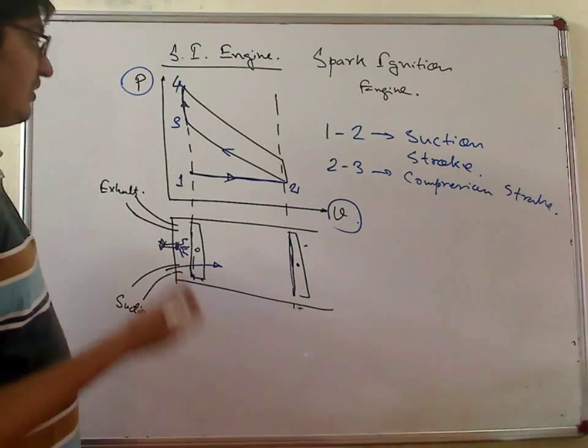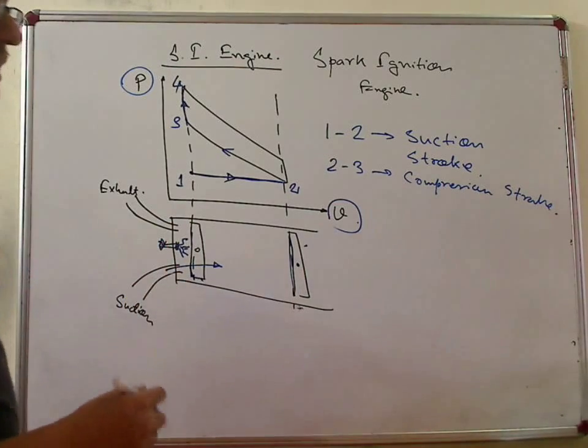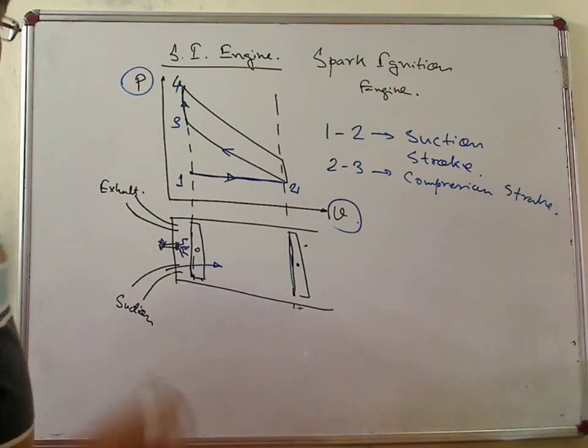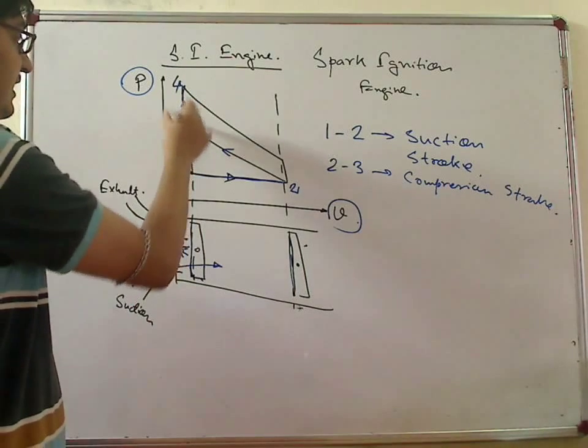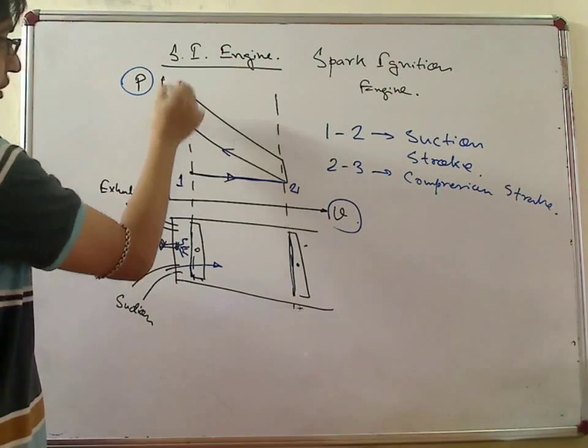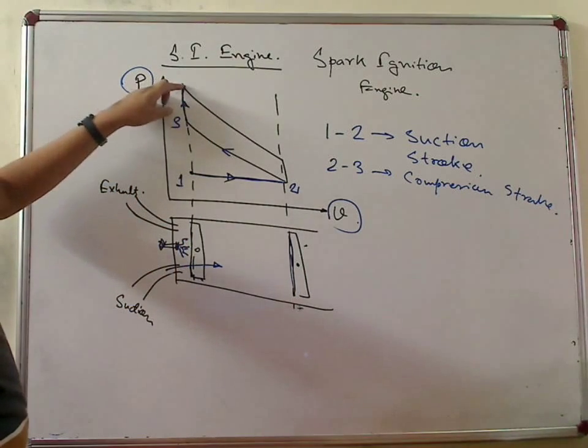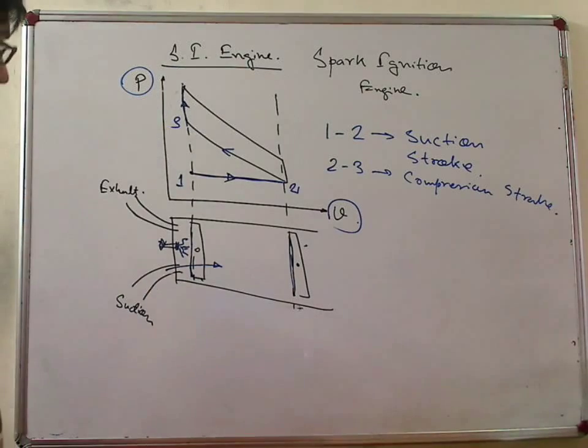So that much time it never has, because it is a very rapid combustion process, a rapid energy release process. So instantly from this point to this point, the pressure jumps from here to here. You can see that the pressure increases.